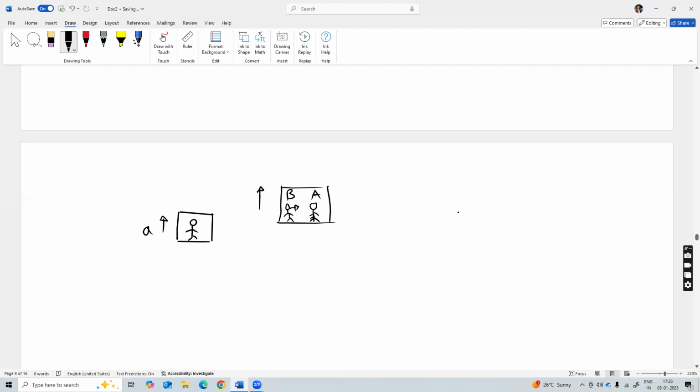Whatever we see with a stationary frame of reference, where we are seeing the whole lift and man moving, this is an inertial frame of reference. And when B sees A, he will see he is not moving. So he sees A in a non-inertial frame of reference.